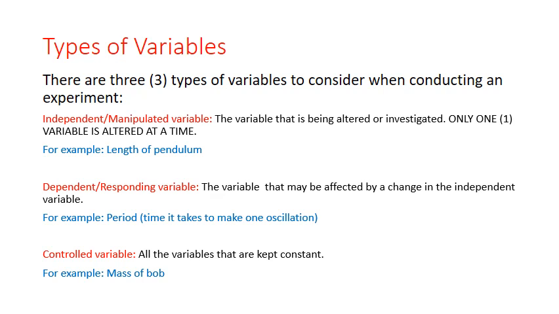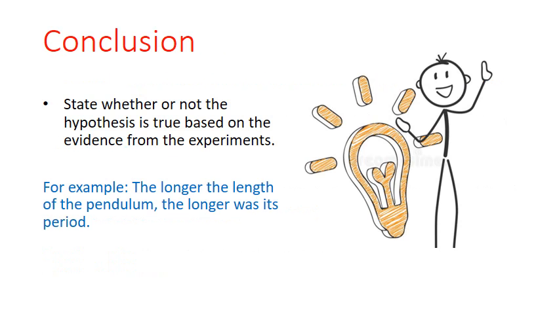As remember, we can only alter one variable at a time. So we could not be altering the length of the pendulum whilst altering the mass of the bulb. If we do so, our results would not be valid.